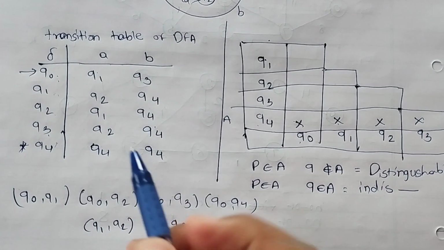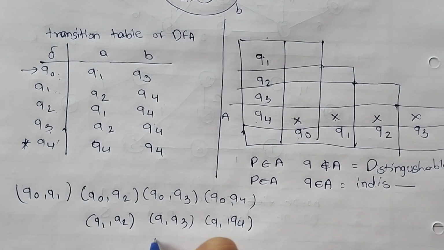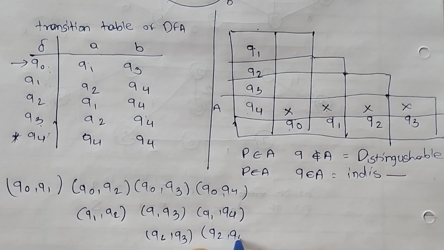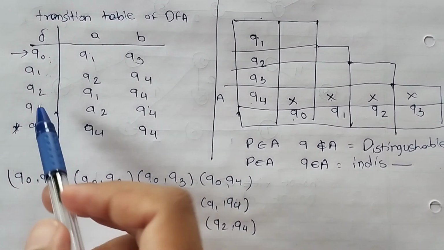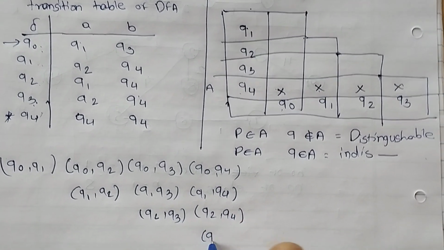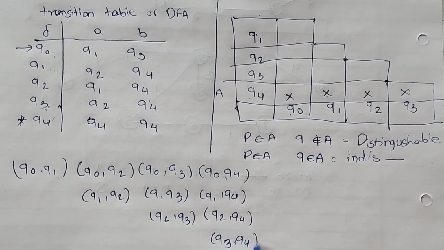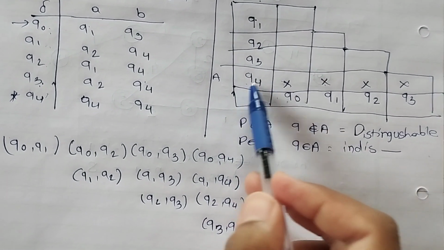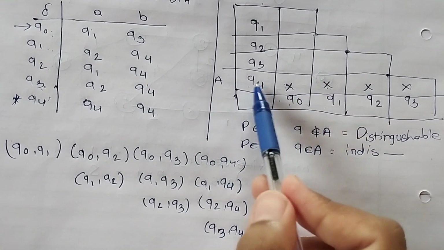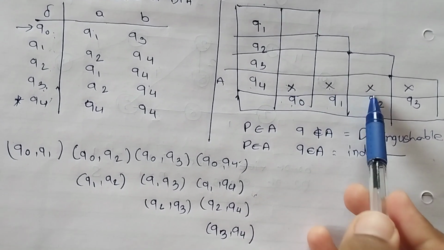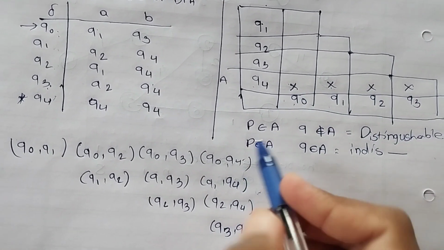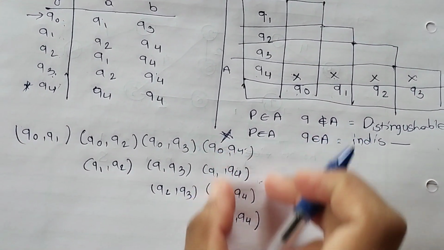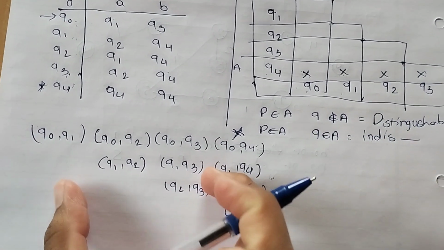Now from Q2: Q2, Q3, Q2, Q4. Now Q3 and Q4. I hope you get the idea. Now we cross the pairs Q0, Q4, Q1, Q4, Q2, Q4 and Q3, Q4. We do not consider these, only the remaining pairs.